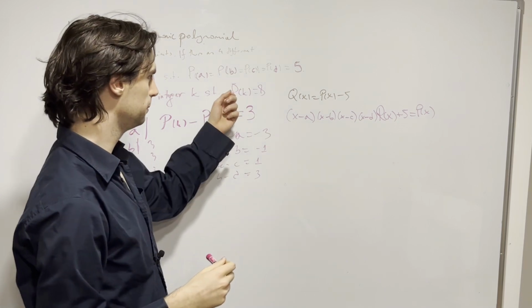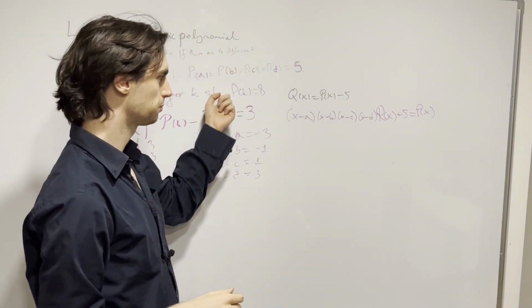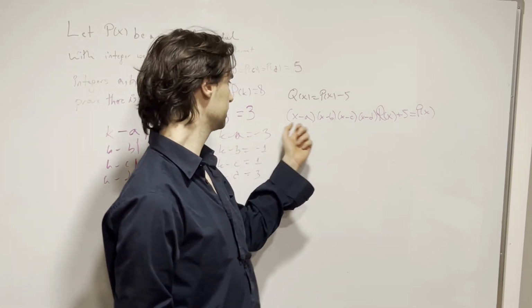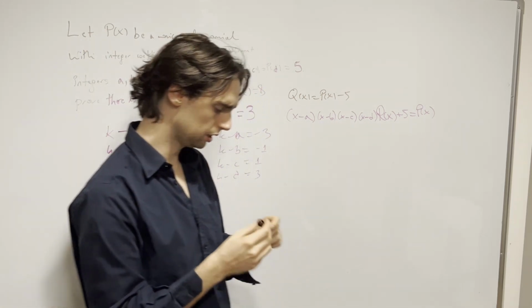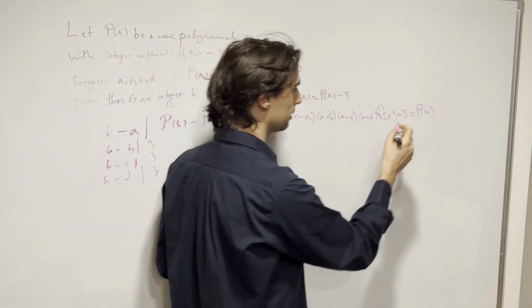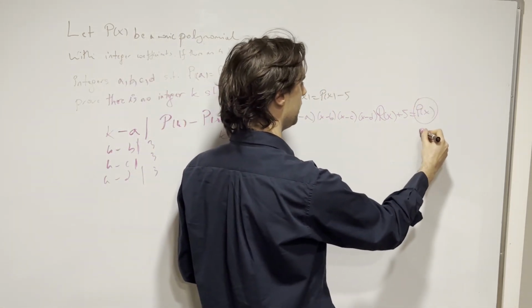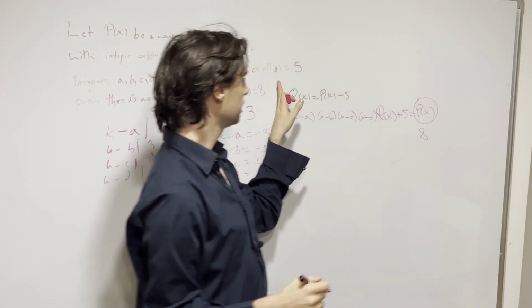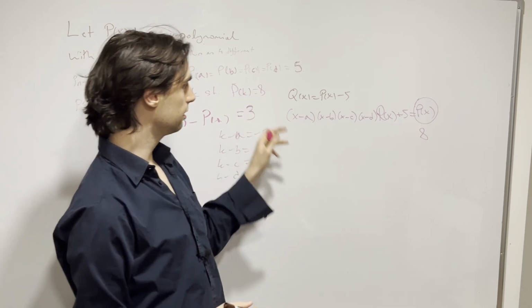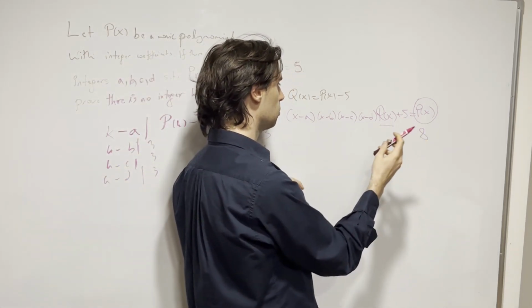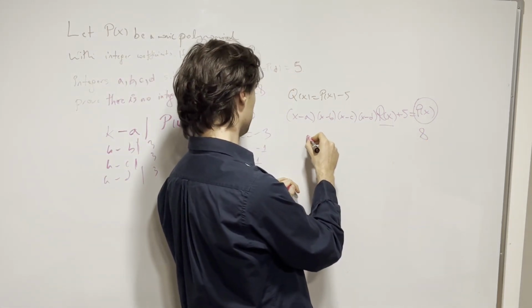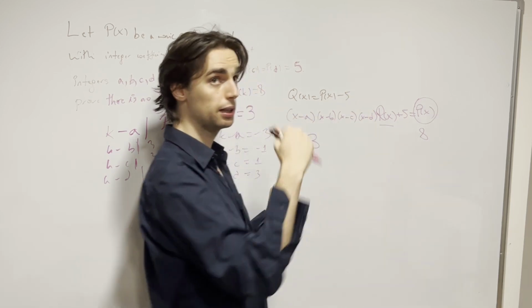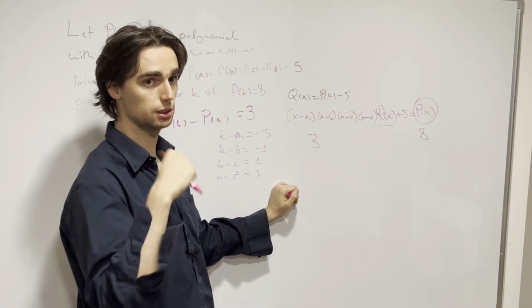But now wait, what is p of k now? Now p of k is going to be equal to k minus a, k minus b, k minus c, k minus d times r of k, plus 5. On the one hand p of k is 8, and on the other hand we will have minus 3 times minus 1 times 1 times 3. So minus 1 and minus 3 give us a 3, 3 and 1 give us a 3.